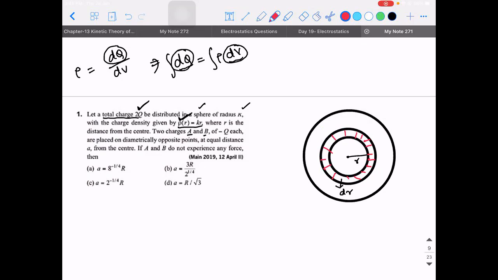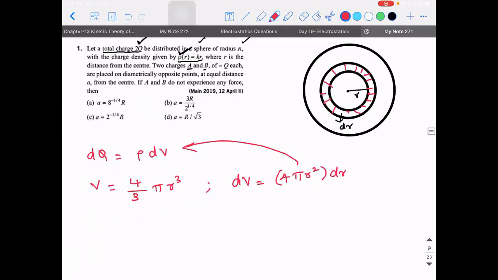Now the question is, how do I write dq? Dq according to me is rho into dv, but I don't know the value of v. The volume of the sphere is 4 by 3 pi r cube, correct? Then what will be the value of dv? It is 4 pi r square into dr, applying chain rule. Can I take this and substitute it here?